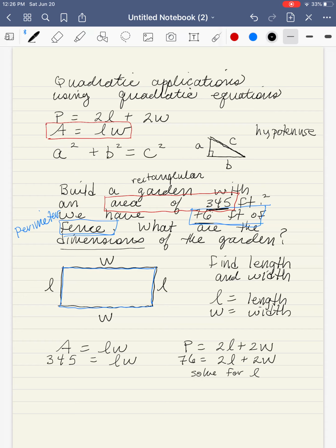I'll solve for L in terms of W. Pause the video, isolate L in this equation, and then turn the video back on. All right, so if I solve for L, I'm going to subtract the 2W, and then divide everything by 2.